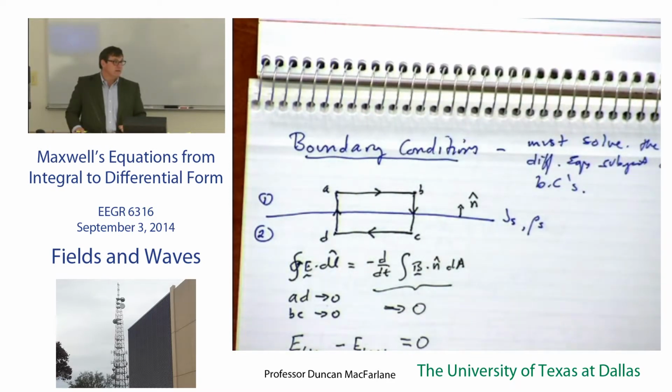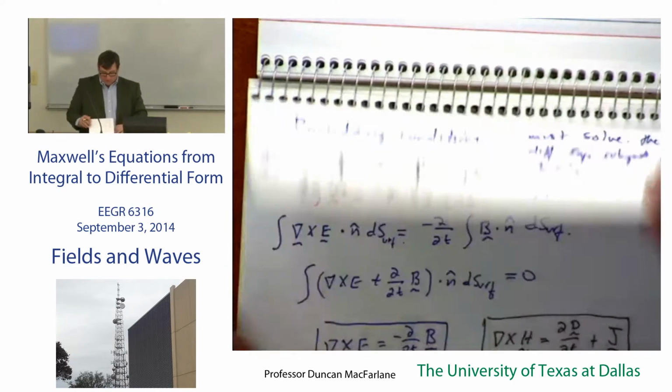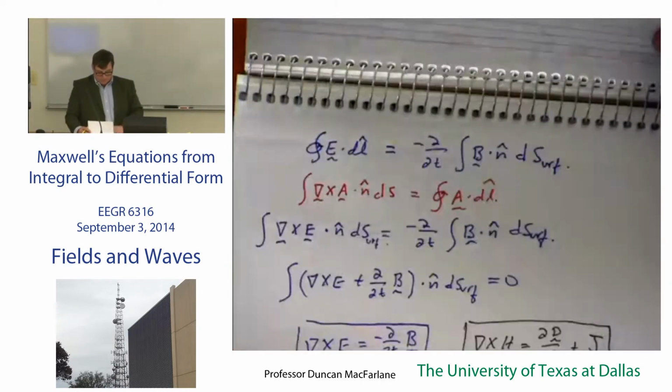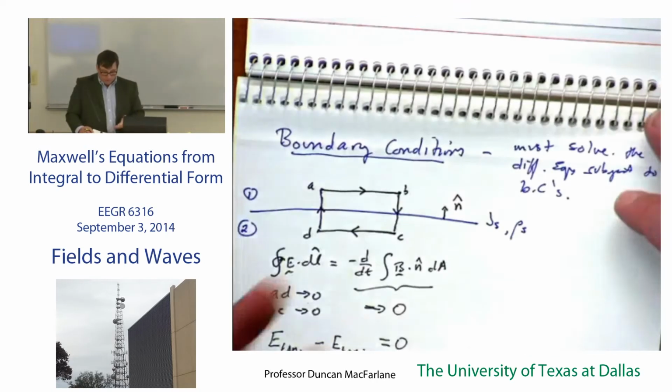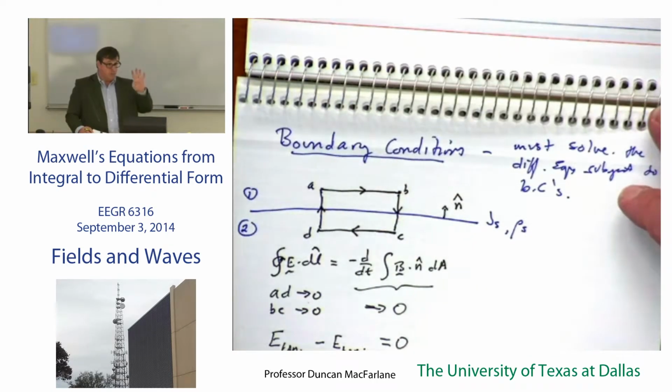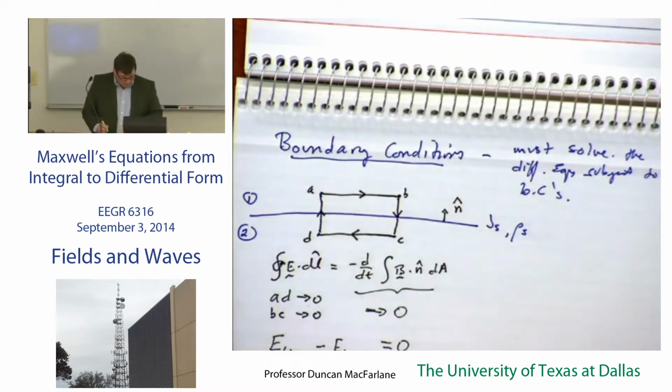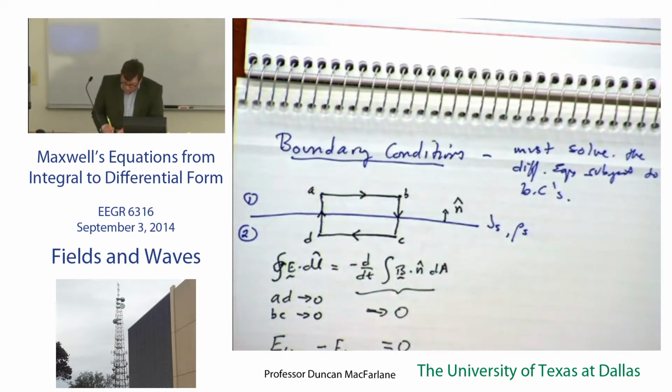So Maxwell's equations in differential form, 1, 2, 3, 4, along with our boundary conditions, and there'll be four of them before we're done, will give us all the information as if we were solving the integral equations. All right. Now, E tangential 1 is equal to E tangential 2.